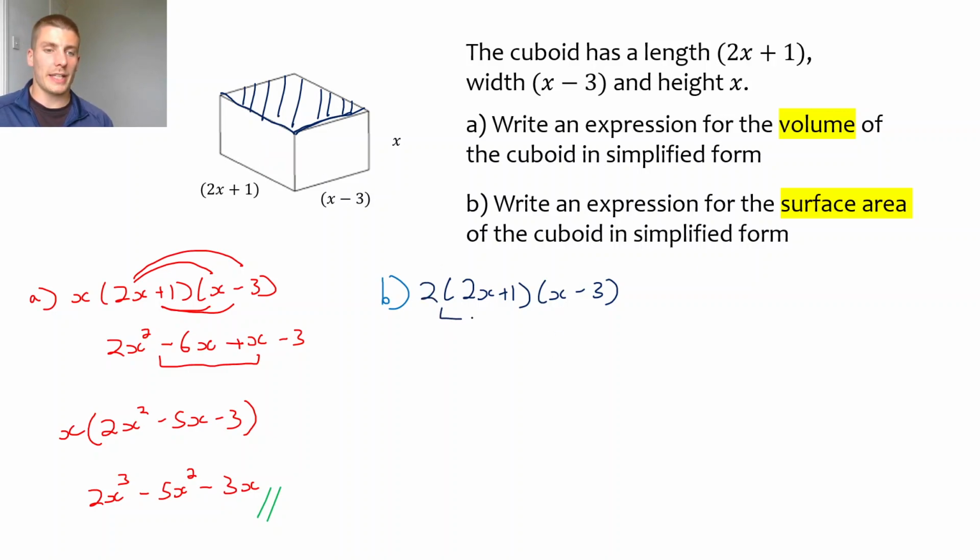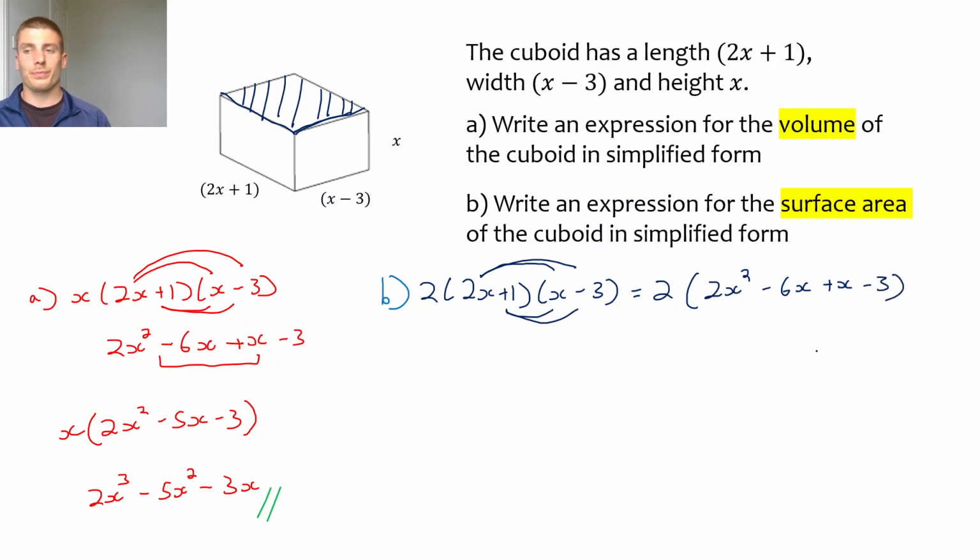Let's begin by expanding the first two brackets here, and then we'll simplify from there. So 2x times x gives you 2x squared, 2x times minus 3 is minus 6x, plus 1 times x gives you plus x, and then plus 1 times minus 3 gives you minus 3.